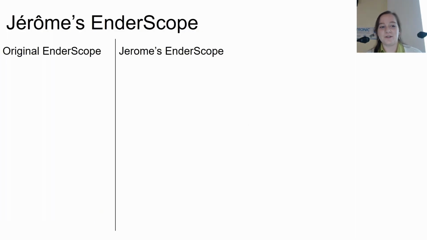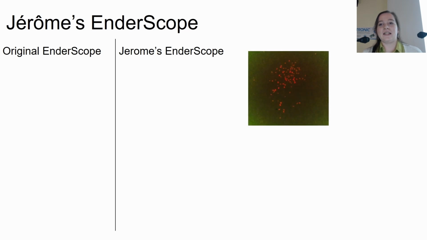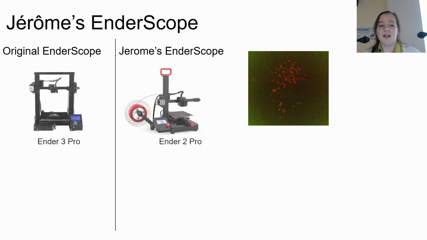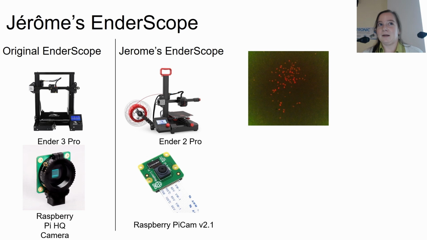So for Jerome's EnderScope, Jerome was looking at these fluorescent cress seeds. And he wanted to monitor seed growth over time. So he needed something that could do fluorescence, but also multi-well time-lapse imaging. So he used a different 3D printer, an Ender 2 instead of an Ender 3, and a different Raspberry Pi camera.